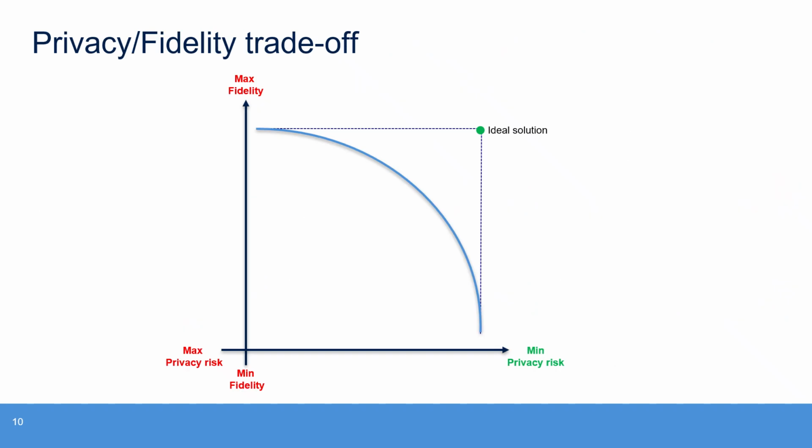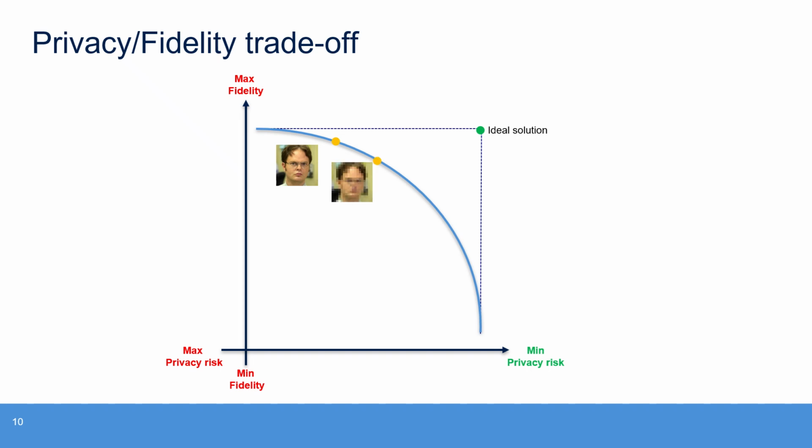Finally, we must acknowledge that when we generate synthetic data, privacy and fidelity are connected. Fidelity means how well the synthetic data preserves the real patterns we care about. We can generate synthetic data that looks very realistic, but it might be too similar to the real data, and that can increase the privacy risks.